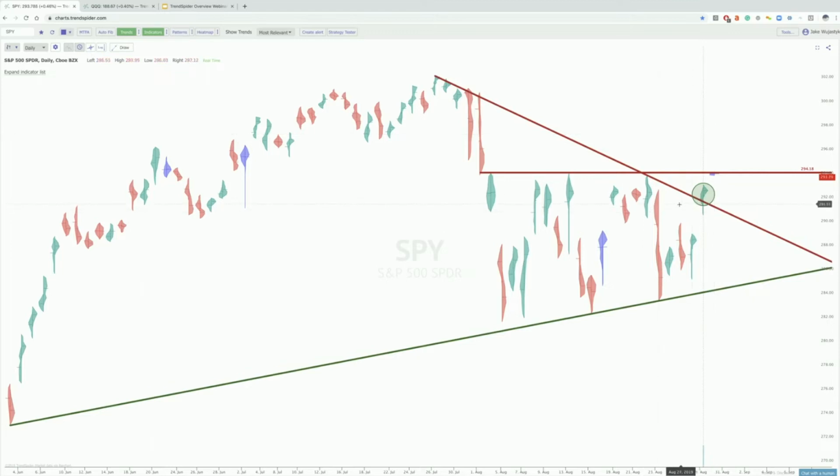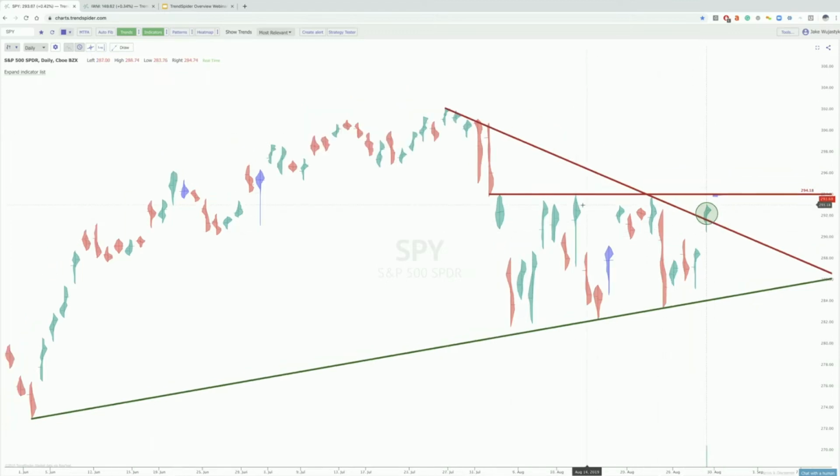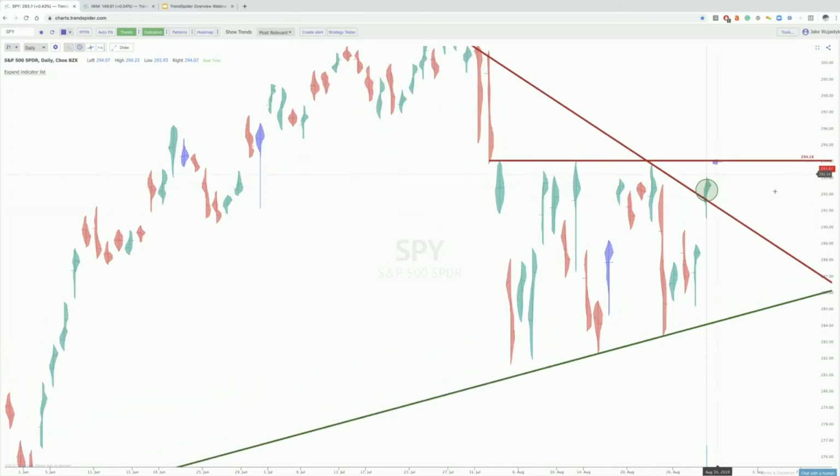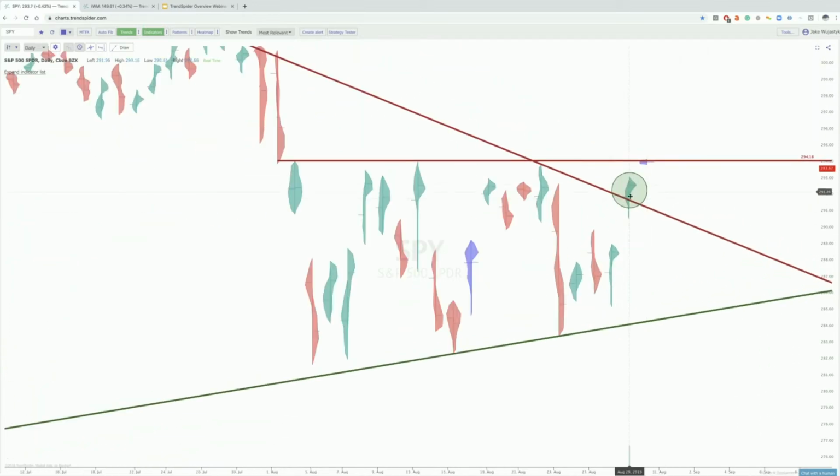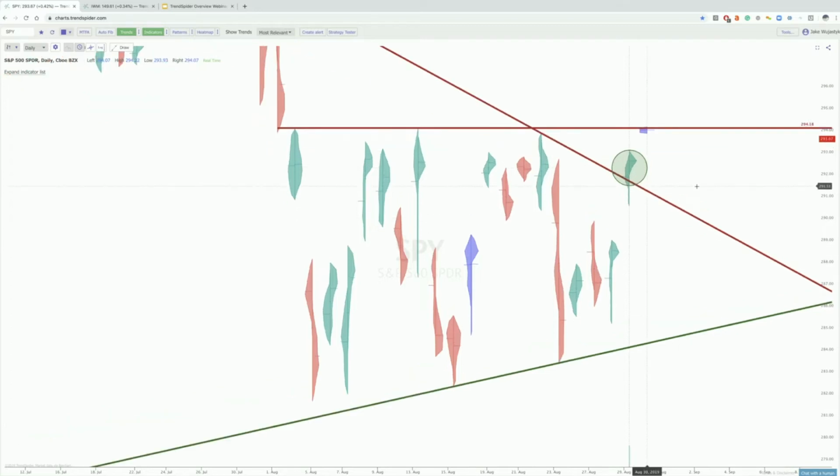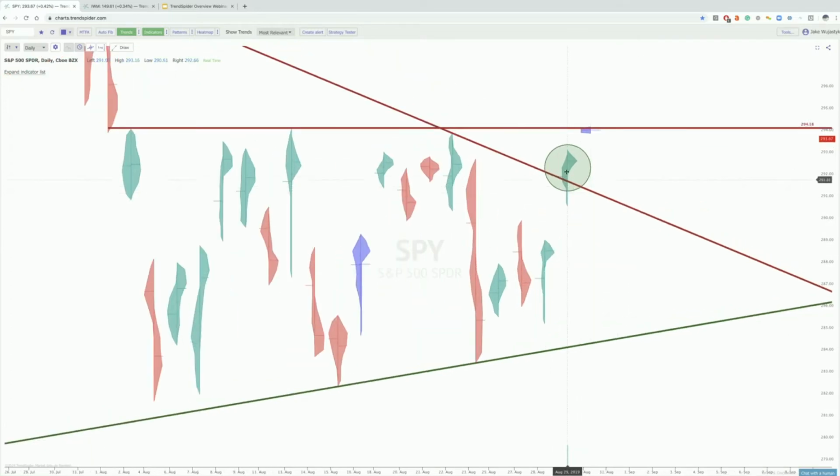Well, you're right. They are squiggly lines. So, these different squiggly lines essentially represent volume profile on a specific time period and the price range of that time period. So you can see here, we're breaking out of this wedge, but it's like, what does this mean?